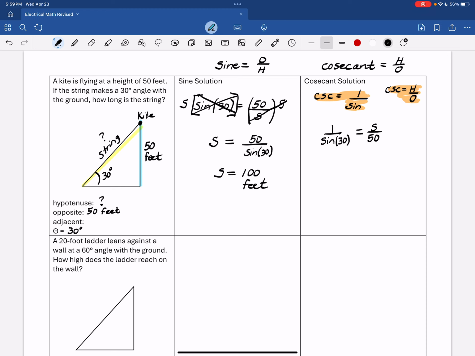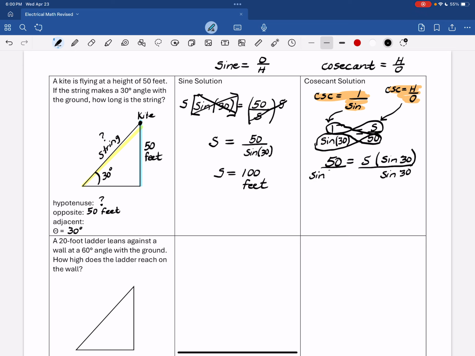And if you set up these two ratios as a proportion, then you can solve this. So you would be multiplying 1 times 50, which is 50. And then you would be multiplying sine times s, which is our hypotenuse. And so to get s by itself, we need to divide both sides by the sine of 30.